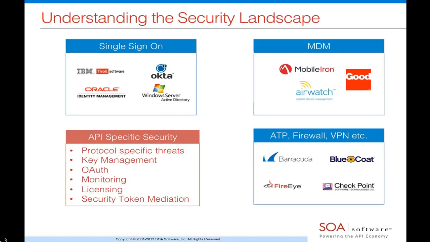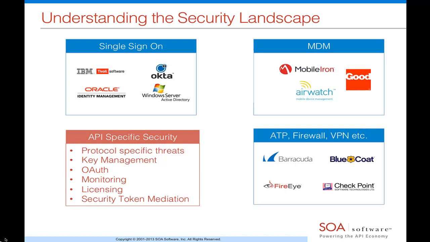So there are a lot of things. The other question that we get a lot is, there are a lot of security solutions out there, so where exactly is there a place for a separate API security? If you look at the landscape, widely speaking, there are four categories, and there may be a lot more.